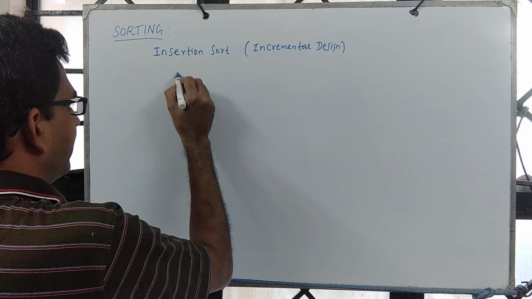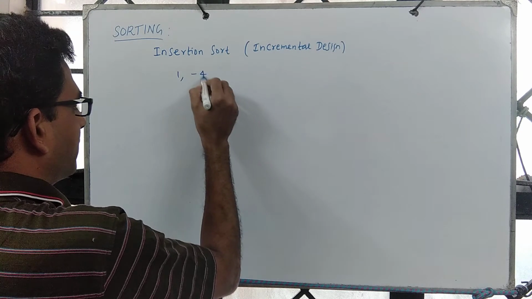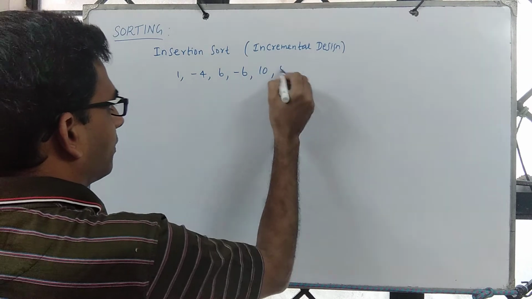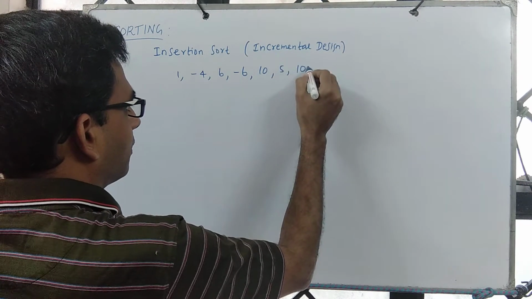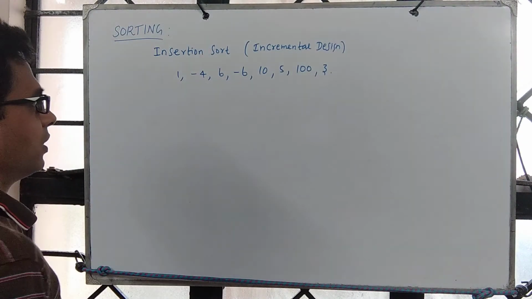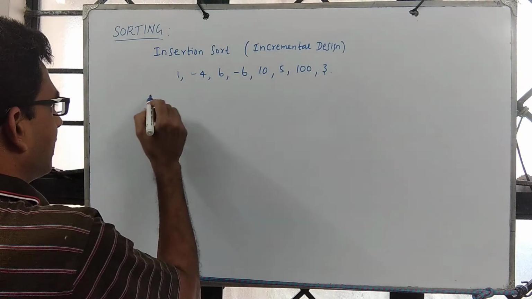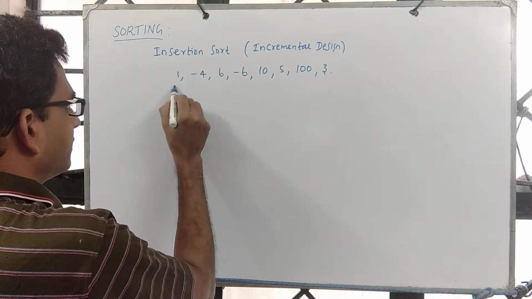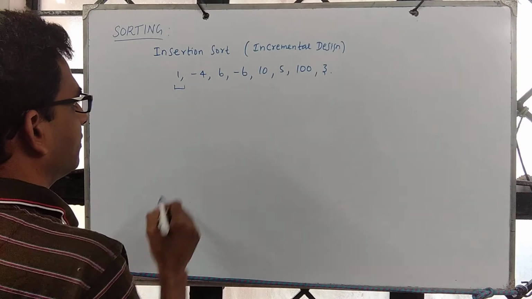So let's look at an input. With respect to that, let me explain what the algorithm is. So what it says is, at the end of first iteration, say first element is sorted.